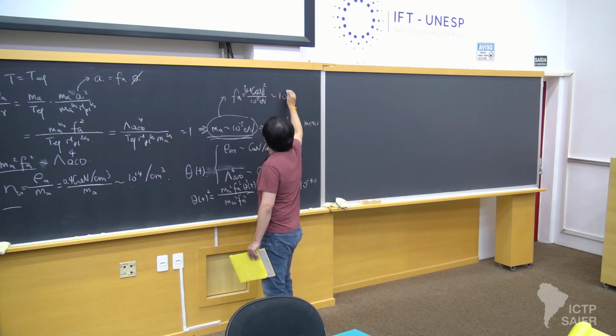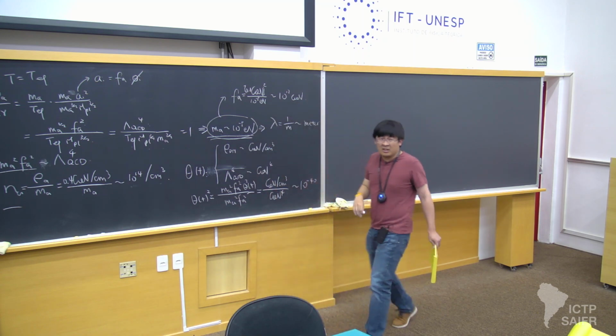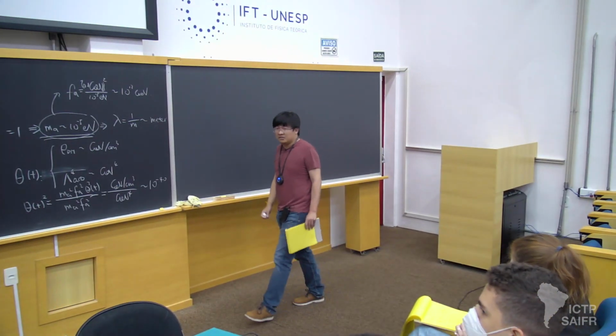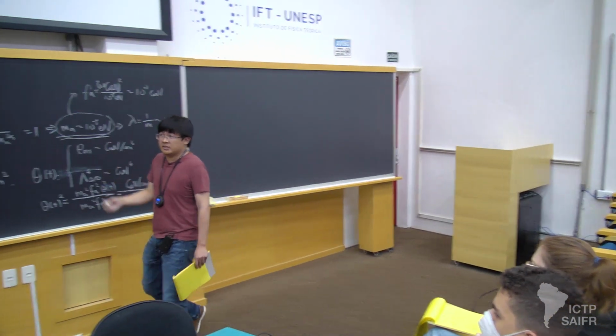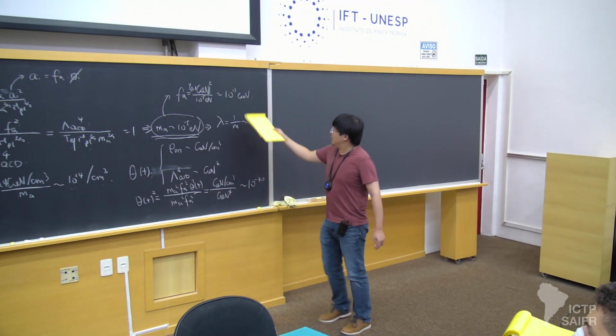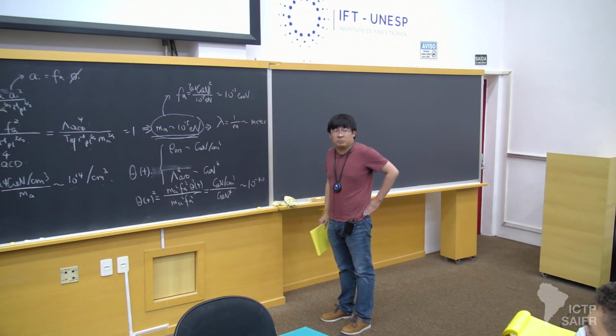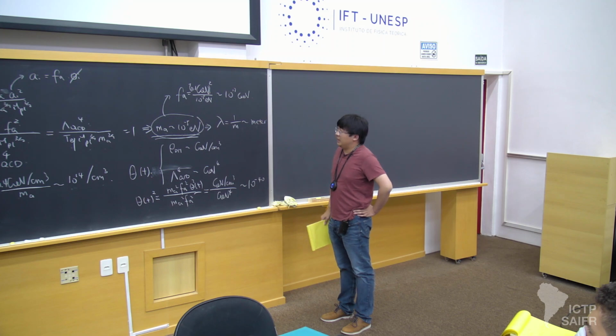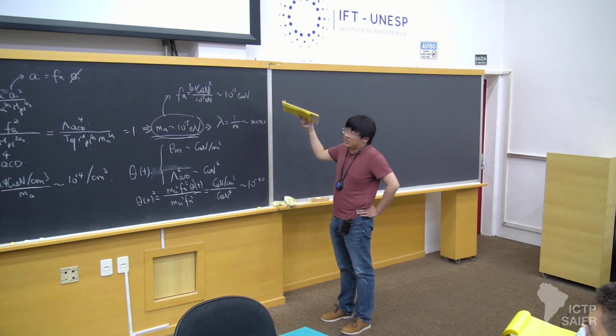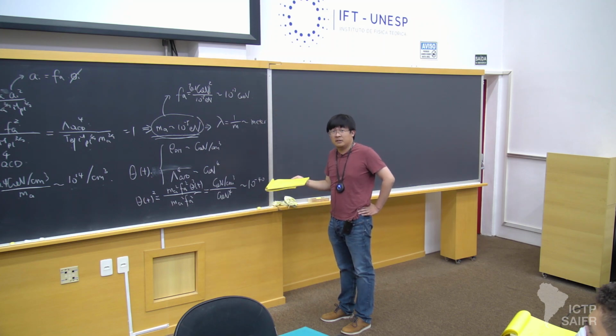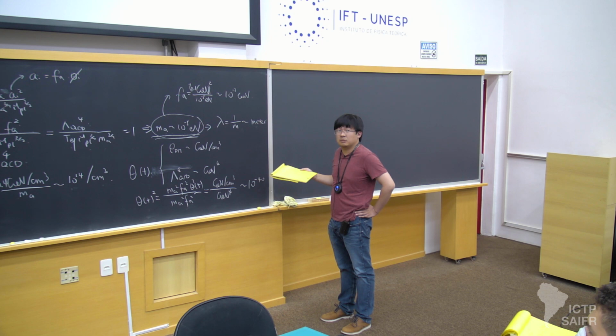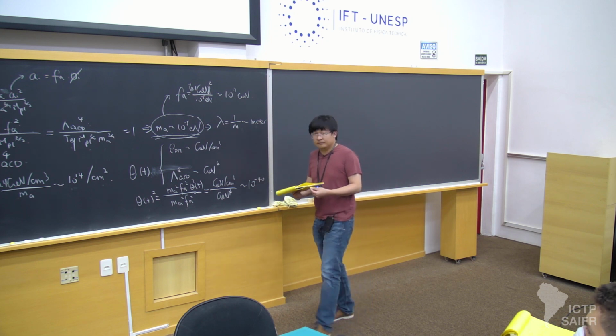And if you work it out, it gives you 10^12 GeV. So the axion decay constant is an enormous scale. It is 8 or 9 orders of magnitude bigger than the weak scale. That's one of the reasons why this particle couples so weakly that in the early universe, it would have no chance of ever thermalizing with the standard model. Yes, that's 10^12.